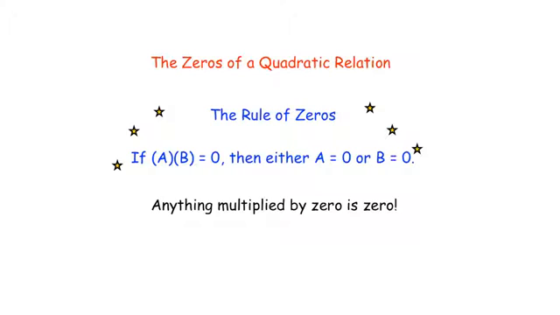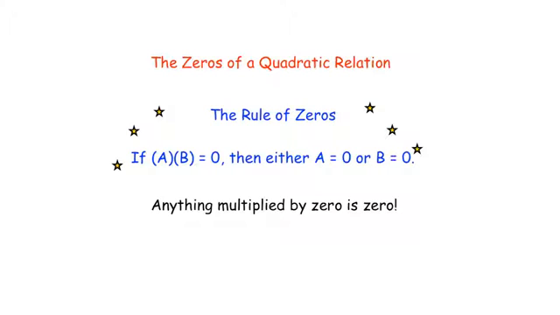Okay, so before we go any farther, this next part, you'll need to know a new rule, and it's a rule that you probably already intuitively understand, but it's the rule of zeros. If you have two quantities multiplied together, and your product is 0, then either the first quantity has to be 0, or the second quantity is 0.